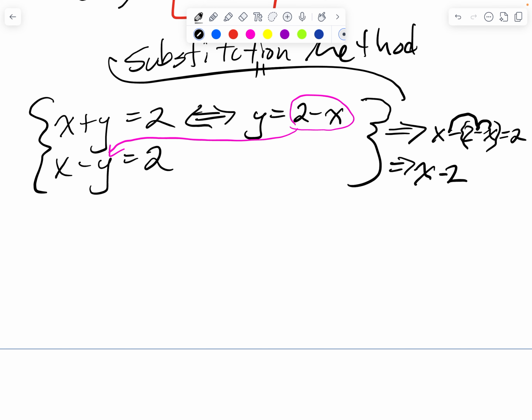Distribute the minus to the other thing. Oops. Minus minus makes a plus. Okay. Now, this is equivalent to this because all I did was distribute the minus and get rid of the parentheses. An x and an x, there's 2 of them now. We still got a minus 2.